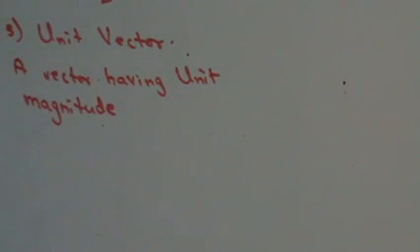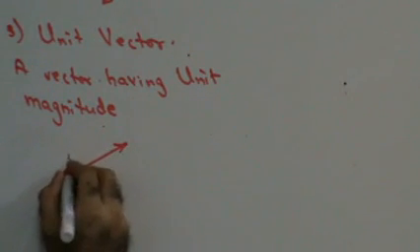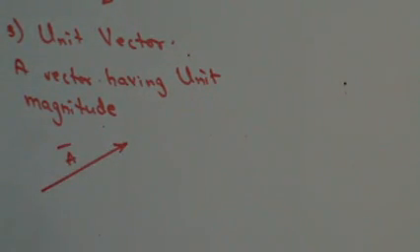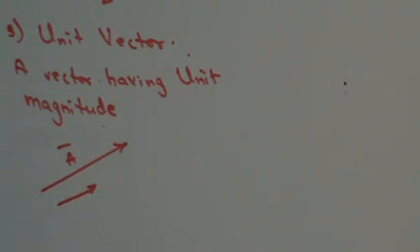A vector whose magnitude is 1 is called a unit vector. For example, suppose I have this vector A. The unit vector will be a vector in the same direction, but its magnitude will be 1.